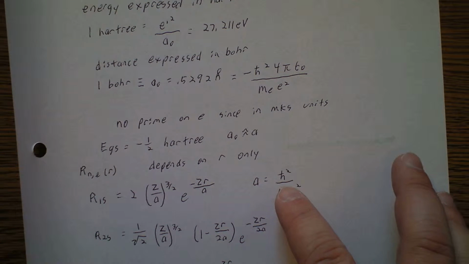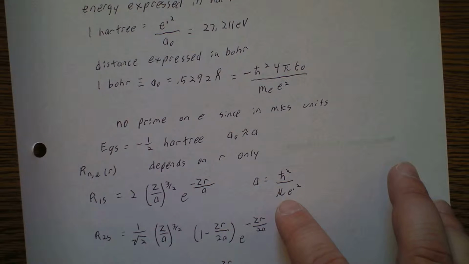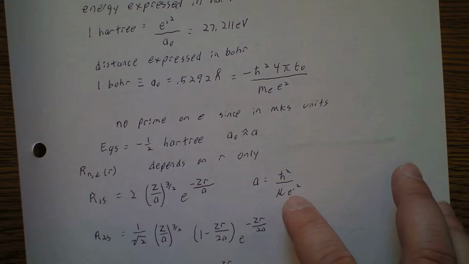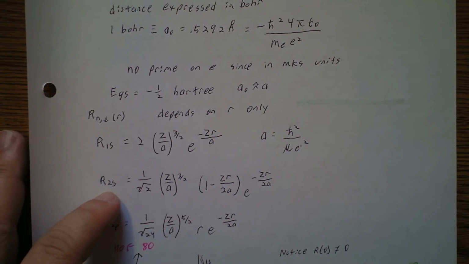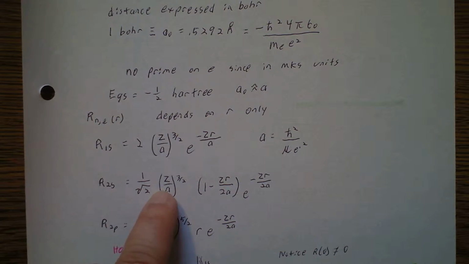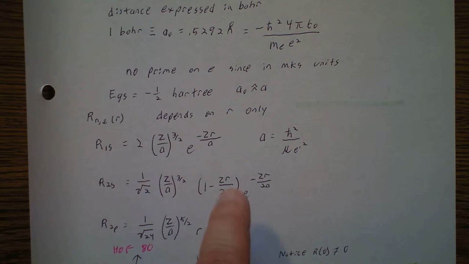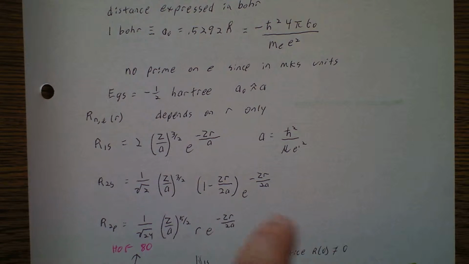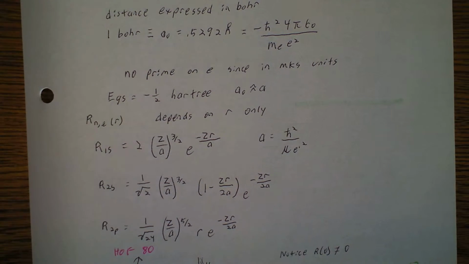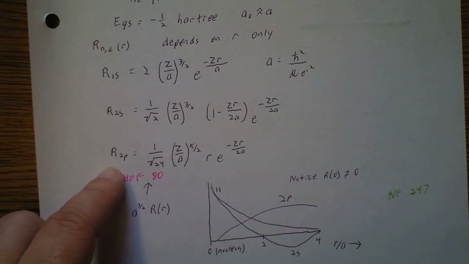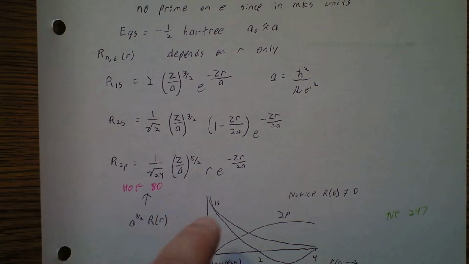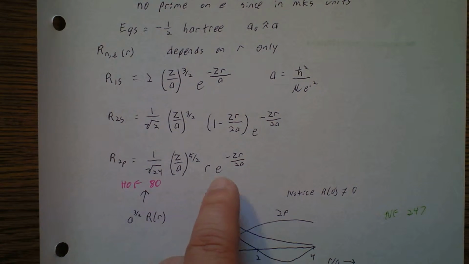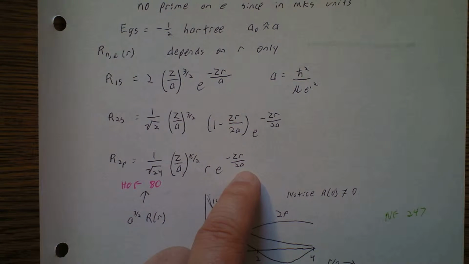Remember, a is equal to h bar squared over the reduced mass mu times e prime squared. Then R for 2s is 1 over the square root of 2 times Z over a to the 3/2 power times 1 minus Zr over 2a times e to the minus Zr over 2a. And R for the 2p orbital is 1 over the square root of 24 times Z over a to the 5/2 power times r times e to the minus Zr over 2a.